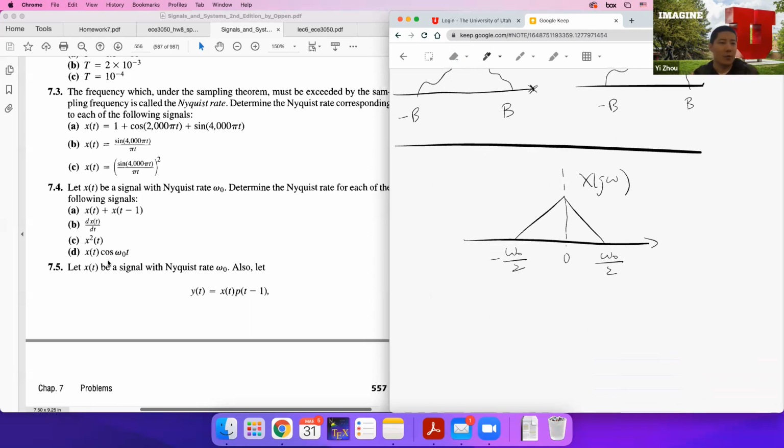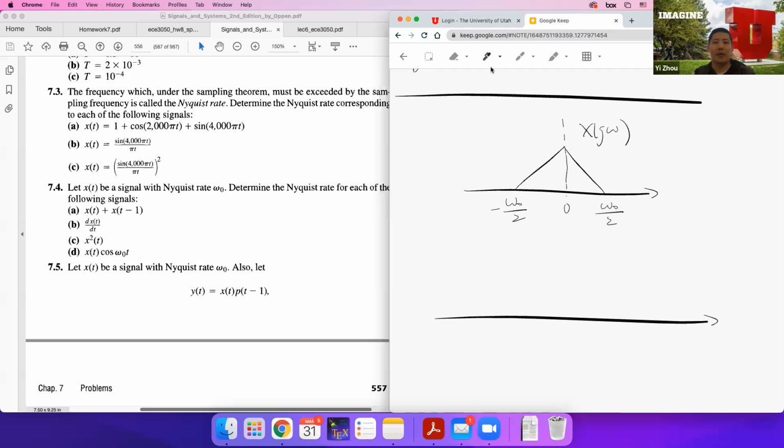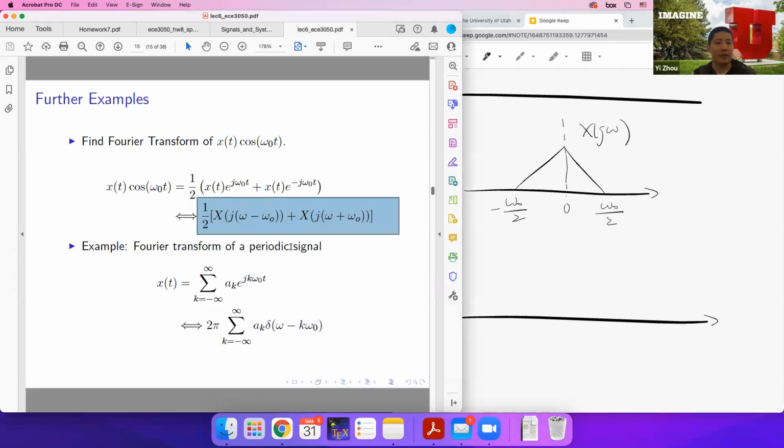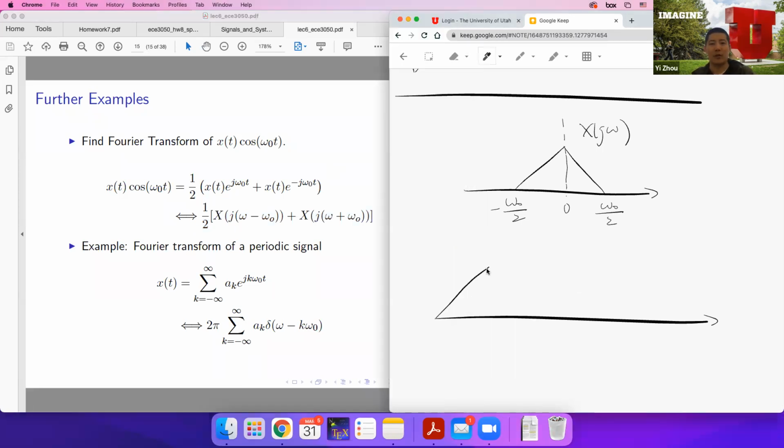Now, after modulation, by this property, we are shifting one copy to the left and another to the right by omega naught respectively. So this one will become negative 1/2 times omega naught, and this one is negative 3/2.